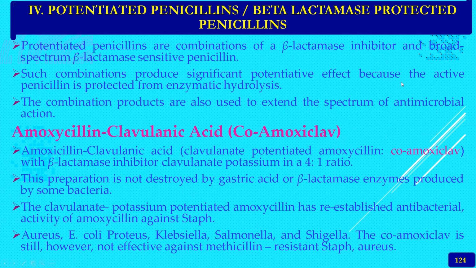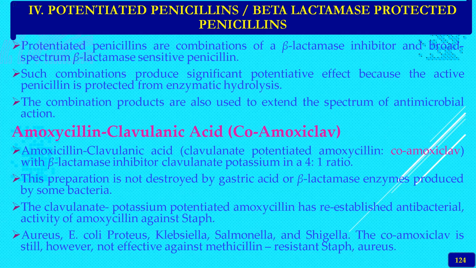The amoxicillin and clavulanic acid is also called the clavulanate-potentiated penicillin, or co-amoxiclav, with the beta-lactamase inhibitor clavulanate potassium in the ratio of 4:1. This ratio is maintained. This preparation is not destroyed by gastric acid and can be given orally, because amoxicillin is better absorbed orally when compared to other penicillins, and is not destroyed by beta-lactamase enzymes.